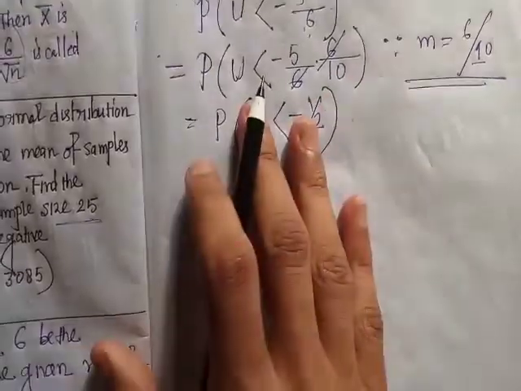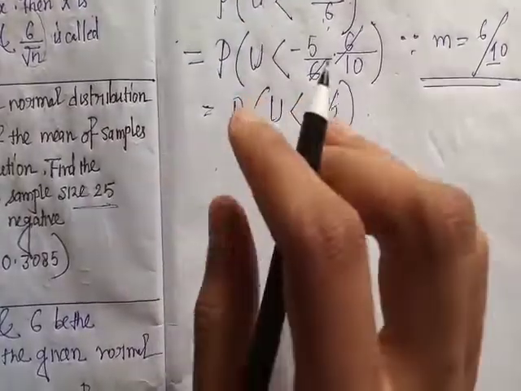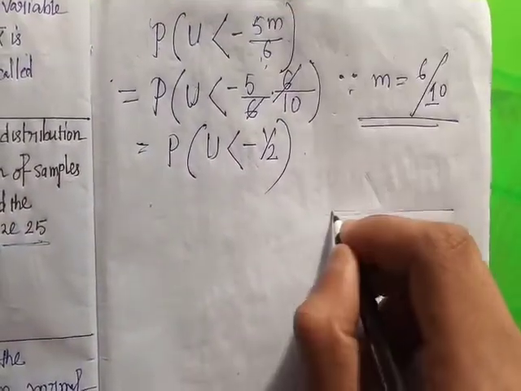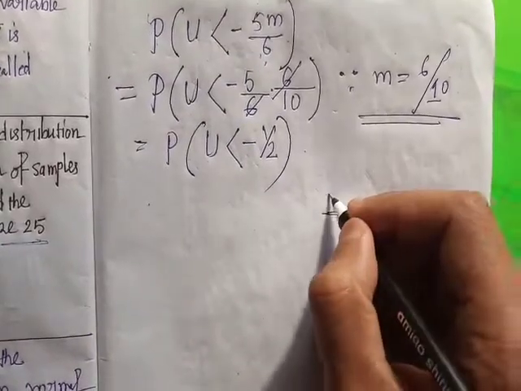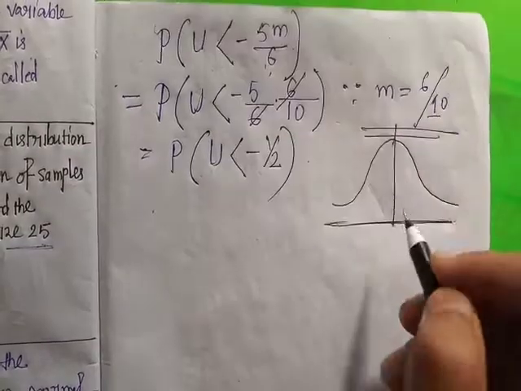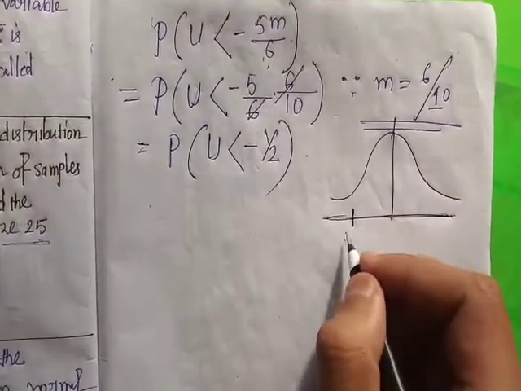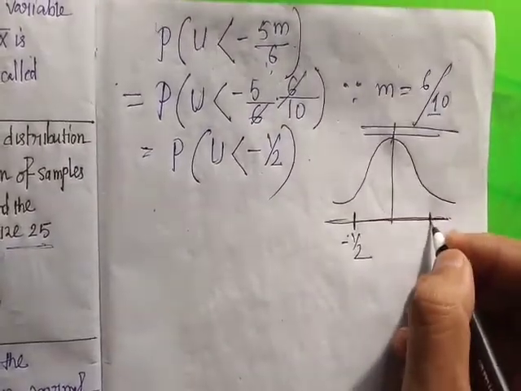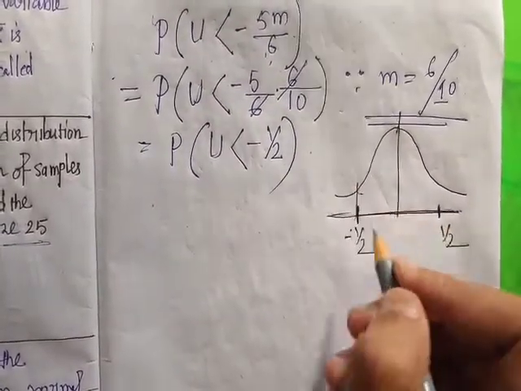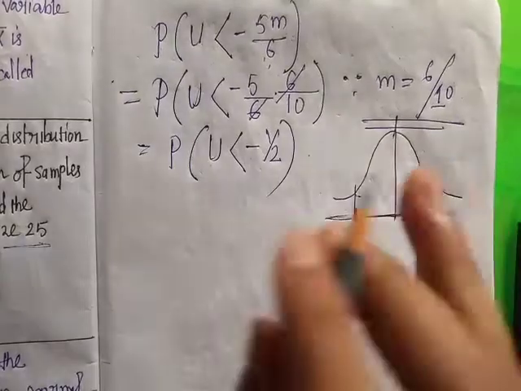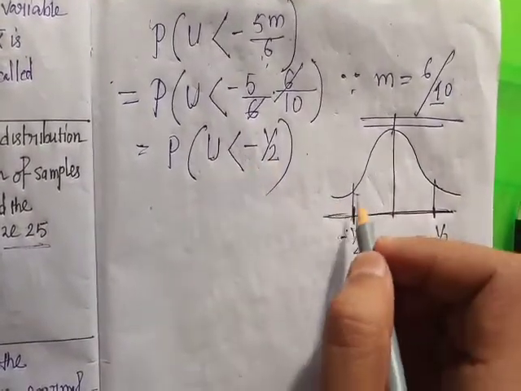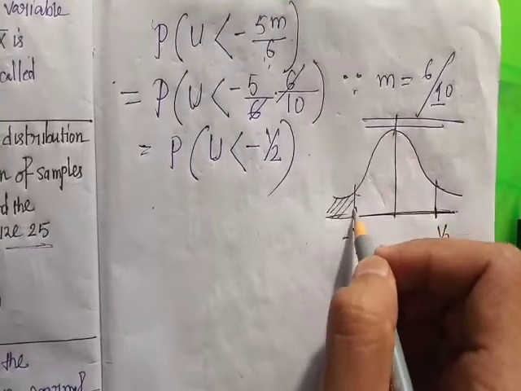Since U is a normal 0 1 variate, U has the standard normal distribution. If we draw the standard normal density curve, this is minus half and this is half. Here U takes values less than minus half, which is this part.